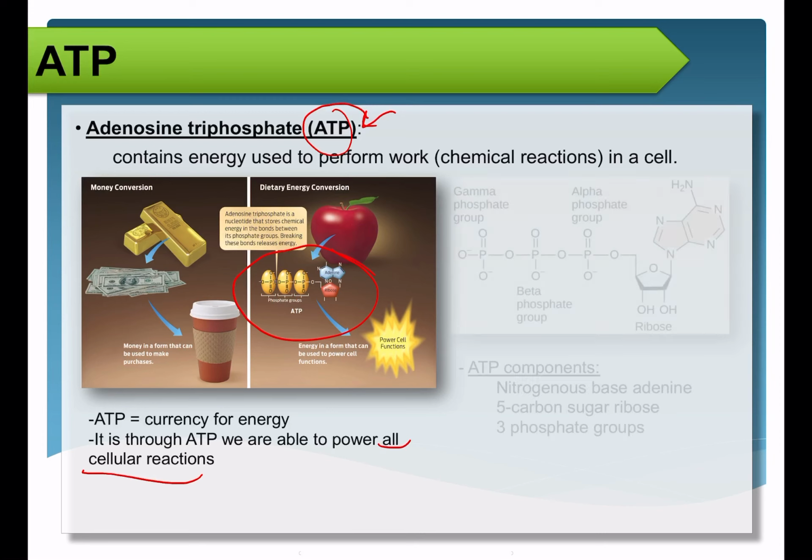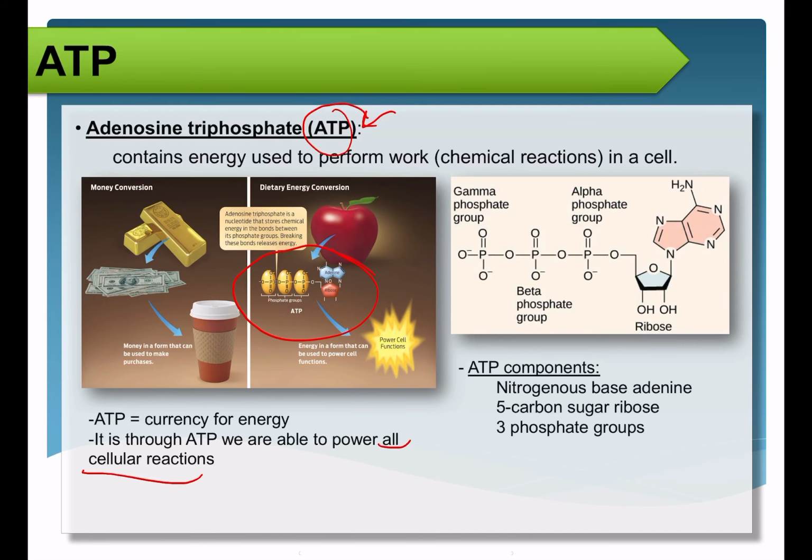Okay, now as we have discussed in chapter 3 for nucleic acids, there were three main components. Remember, in the nucleotide, okay, we have the nitrogenous base, the ribose, which is the 5-carbon sugar, okay, pentose, and then we have the phosphate group. That was the three basic components of a nucleotide. Well, ATP is actually very similar to the general makeup of nucleotides.